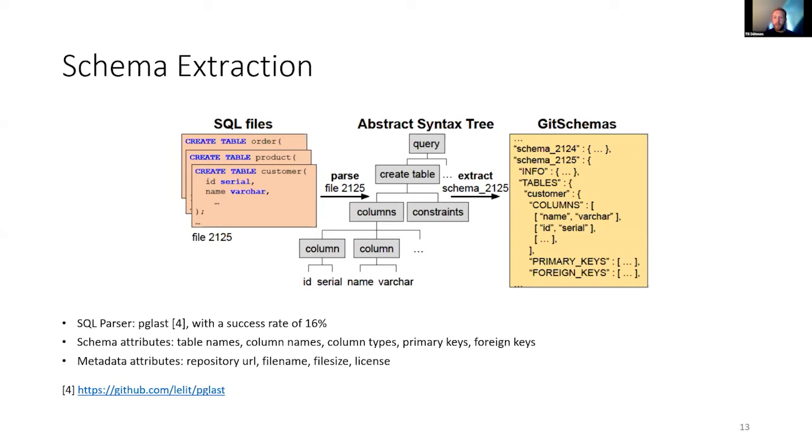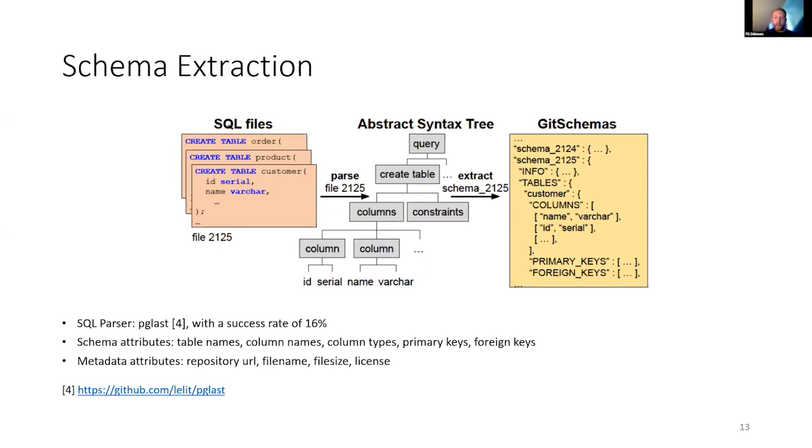These files, of course, are written for different databases, so it was a challenge to find a parser which just works out of the box for a lot of different files. We had the highest success with pglast, but of course there's still a lot of room for improvement.